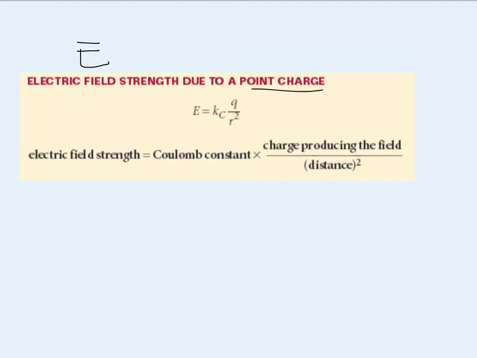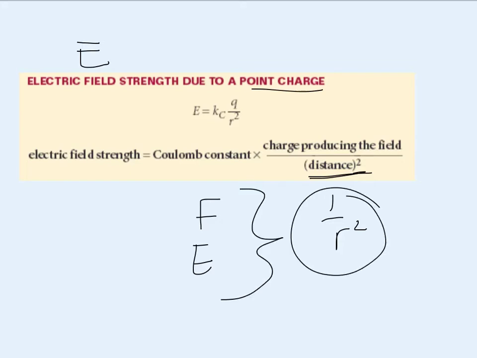We've got the charge creating the field. Producing means creating it. And it's still an inverse square law because it's still over the distance squared. So the electric field, just like the force, drops at 1 over r squared. Both force and electric field use this 1 over r squared.